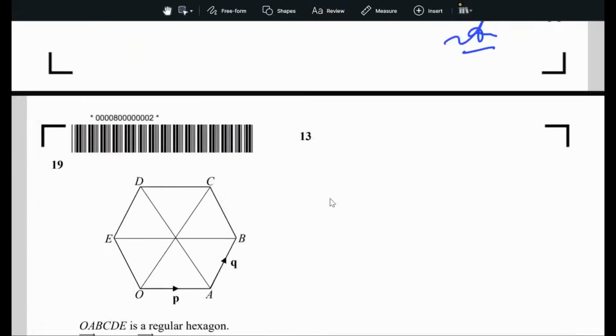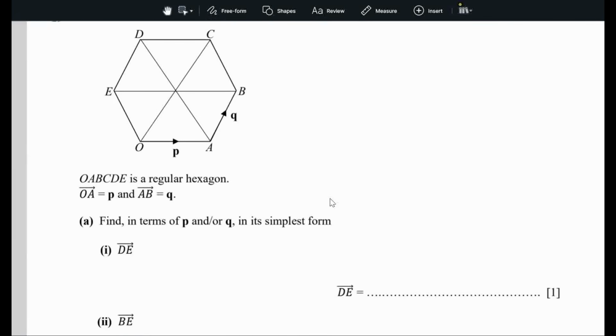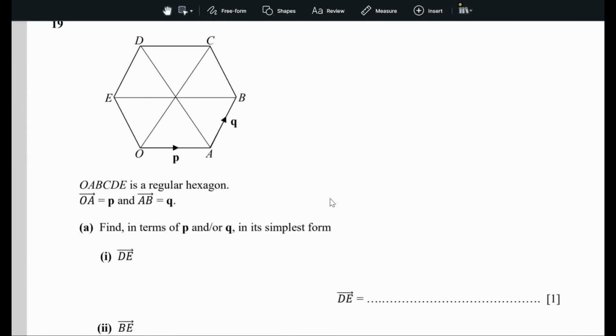Let's move to question number 19. The diagram is a regular hexagon. Find, in terms of p and q, in its simplest form, DE. So DE means this one, so this will be minus q. Then BE.